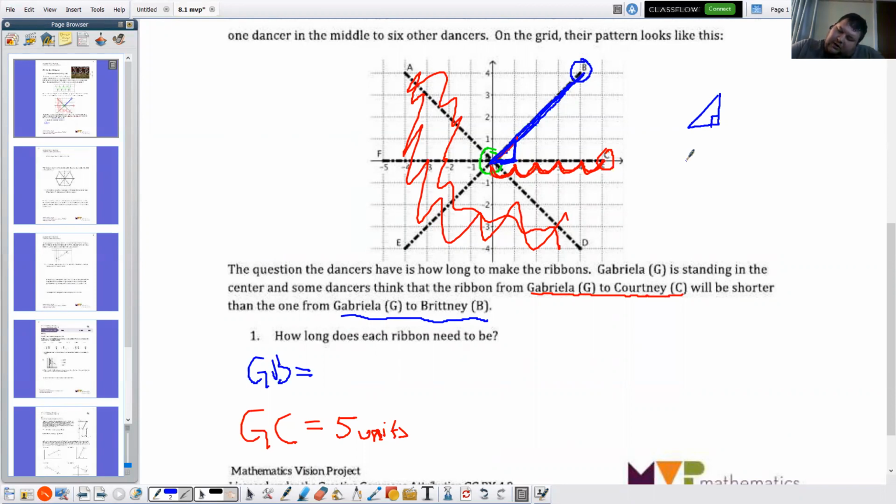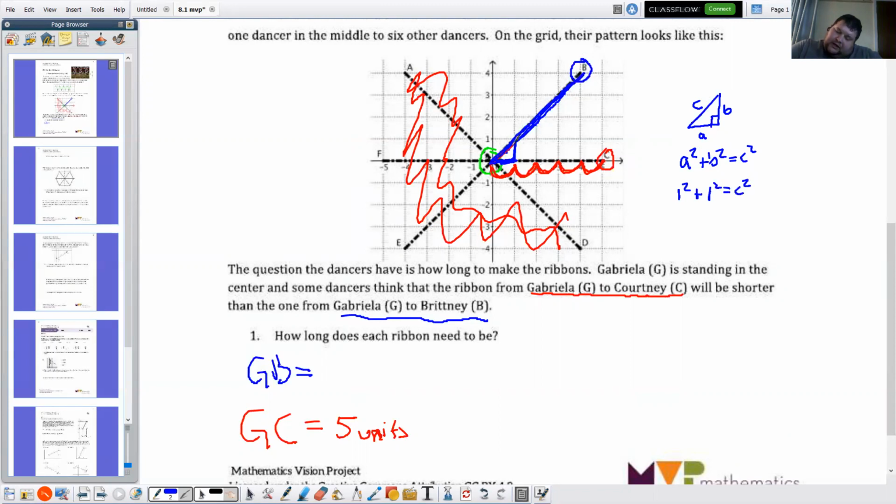Anybody remember? We know that a squared plus b squared equals c squared. Okay, so this would be a, b, and c. And a is one unit. A is 1 squared plus b is 1 squared equals c squared.